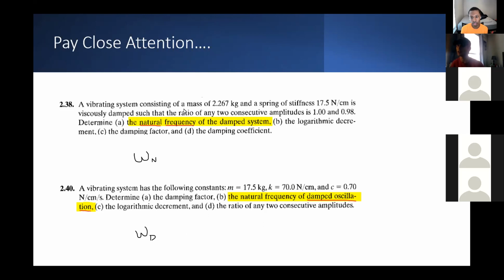And now that I think about it, this might work out to not having any. Was this damped? Yeah, it was damped. So when you see natural frequency of the damped system versus natural frequency of damped oscillation, just kind of remember that.